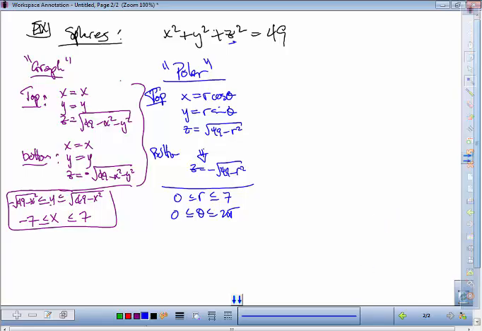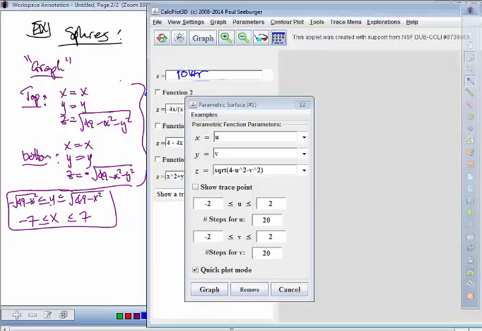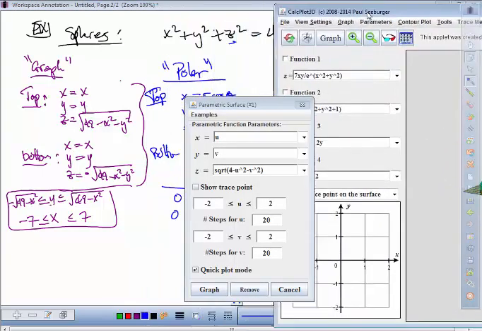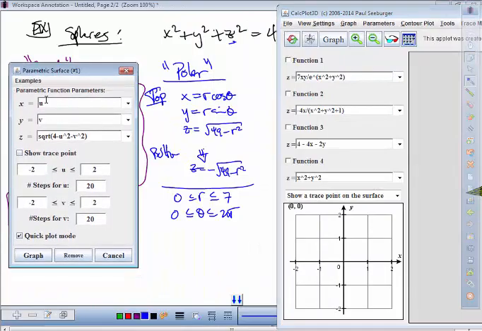So let's see how this thing's going to look like with our graphing program. So u times cosine v, u times sine v, square root of u.